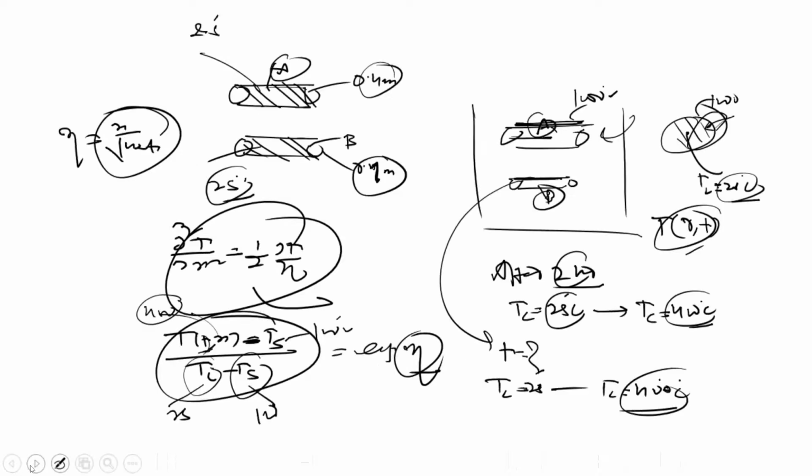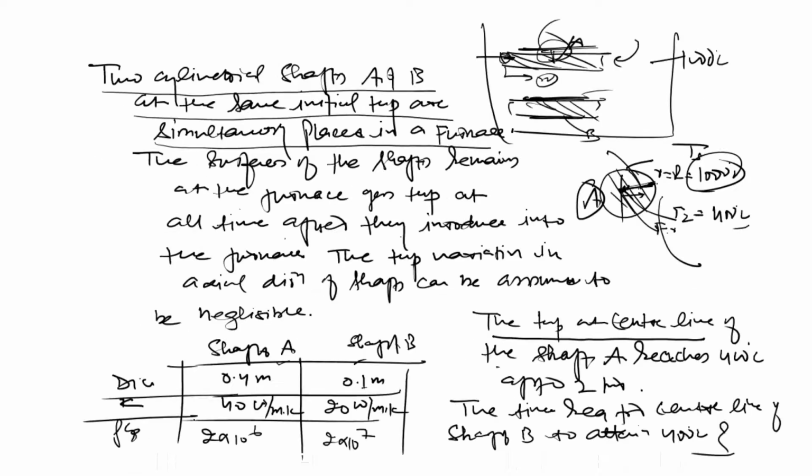Alpha A is K by rho Cp. K by rho Cp is alpha. So all in SI system, I think. If the values are in SI system, then I can directly put the value. Yes, it's in joule per meter cube per Kelvin, all in SI system.